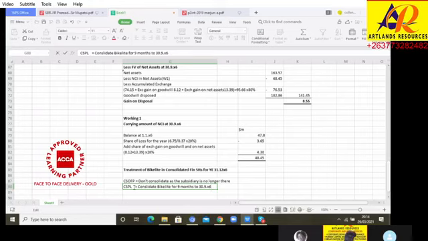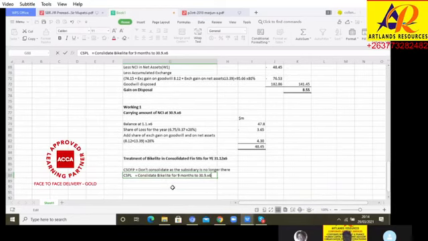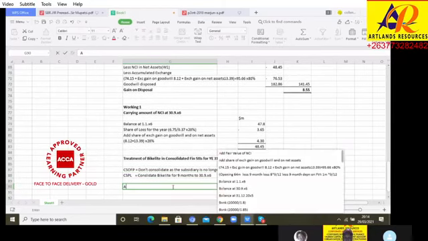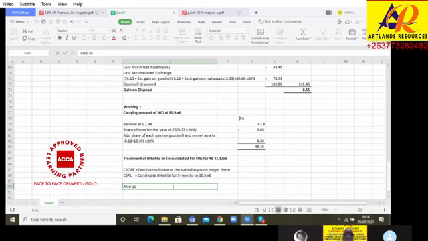And then you also need to consider whether bike light constitutes a discontinued operation.